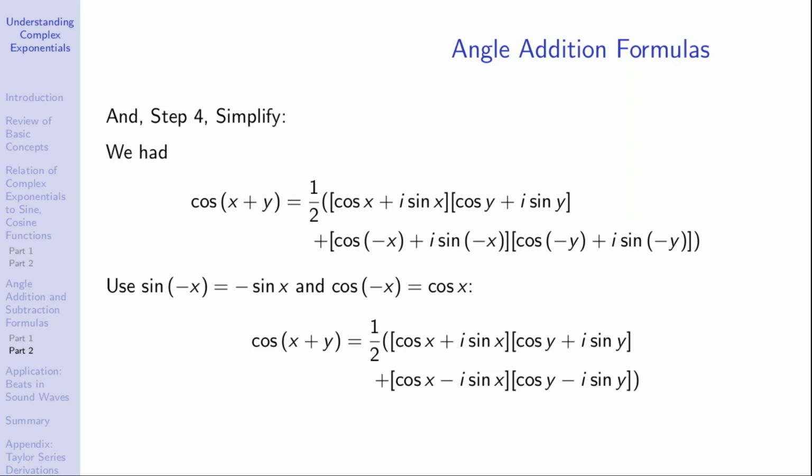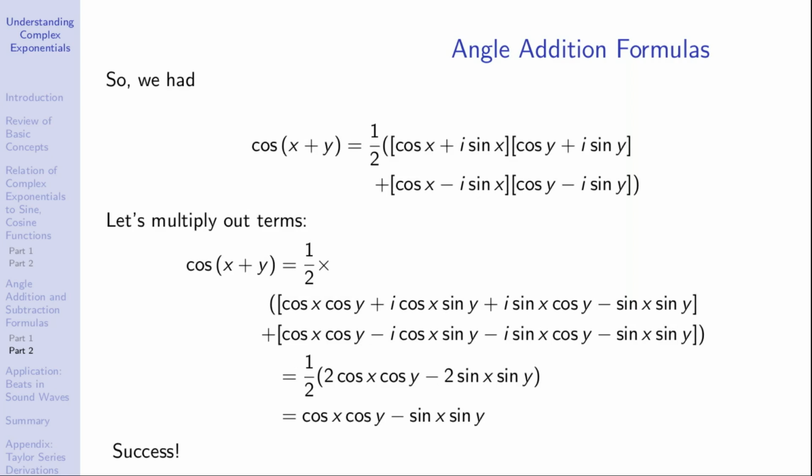And so we get that the cosine of x plus y is equal to 1/2 (cosine of x plus i sine of x) times (cosine of y plus i sine of y) plus (cosine of x minus i sine of x) times (cosine of y minus i sine of y). Okay, so we have that relation from the previous slide. Now let's multiply out all of the terms.